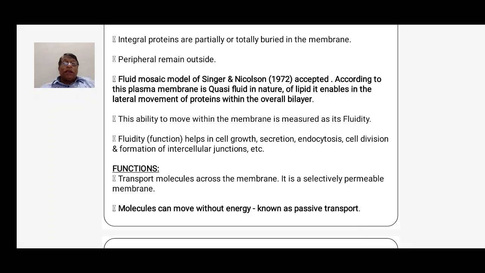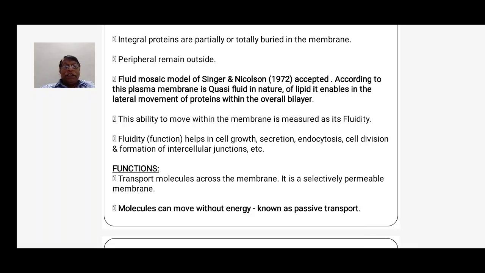According to this, the plasma membrane, as I told you already, is quasi-fluid in nature. Because of this nature of the lipid, it enables the lateral movement of proteins within the overall bilayer. A very important point. This ability to move within the membrane is measured as its fluidity.